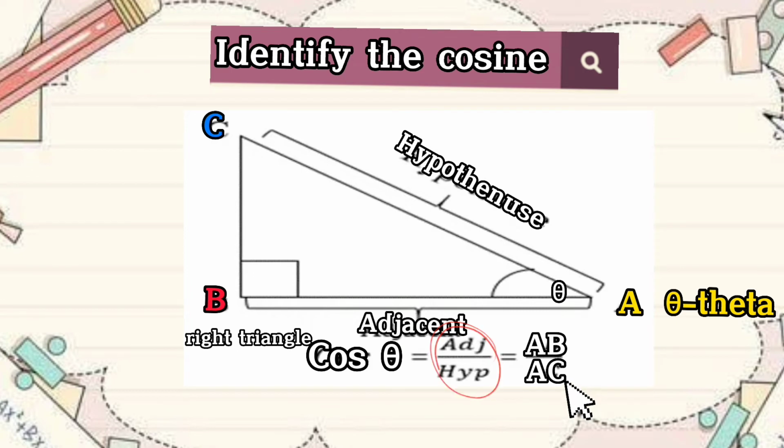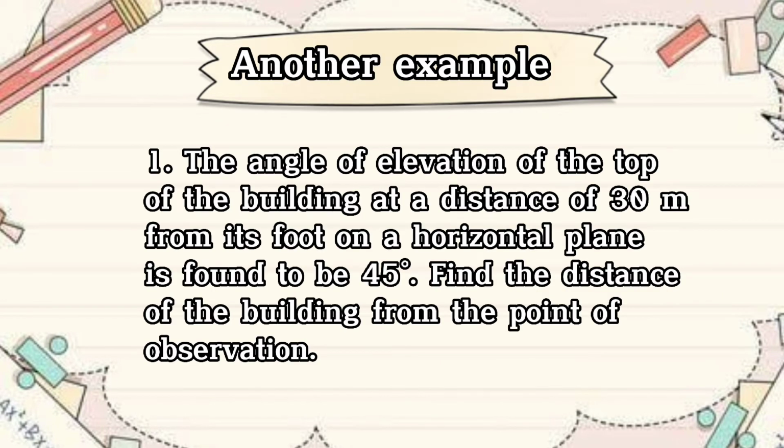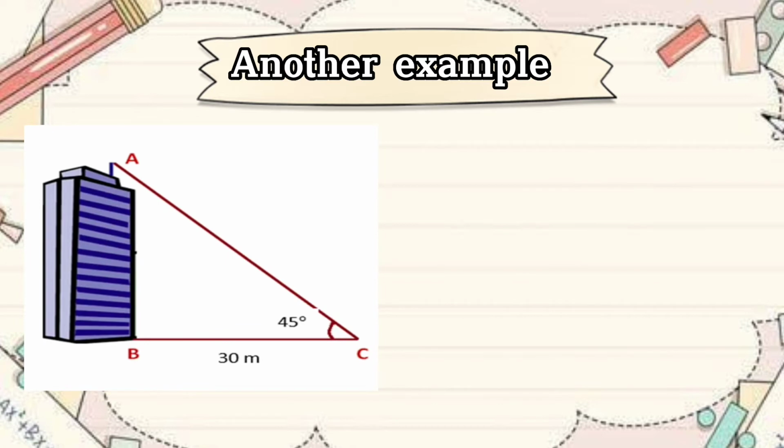Did you understand? And another example, the angle of elevation of the top of the building at a distance of 30 meters from its foot on a horizontal plane is found to be 45 degrees. Find the distance of the building from the point of observation. So, ito yung building and yung angle of elevation natin sa taas ng building ay 45 degrees.